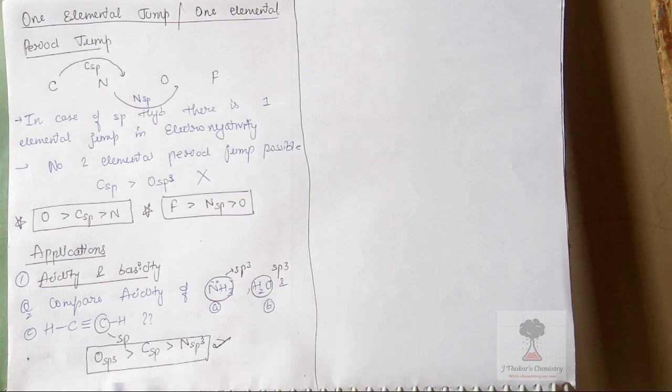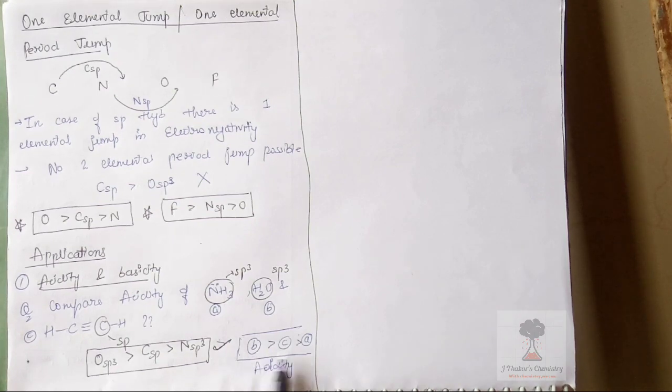Oxygen is more electronegative, so the hydrogen of H2O is more acidic than that of carbon. So the acidic order is B greater than C greater than A. This is the acidity order of these three molecules.